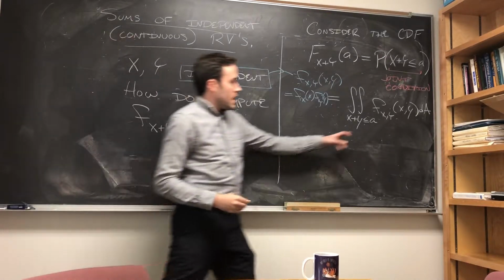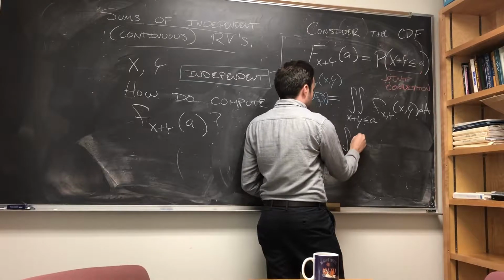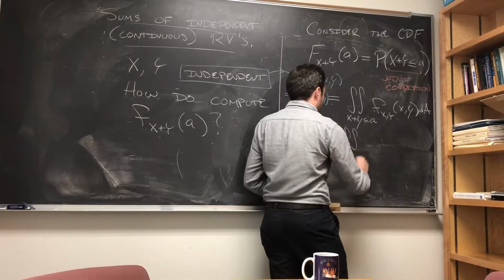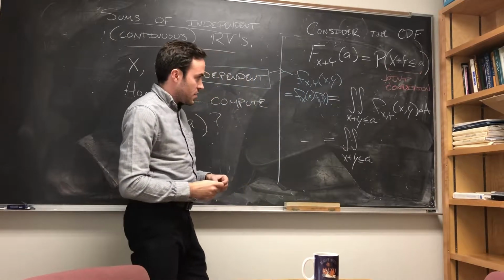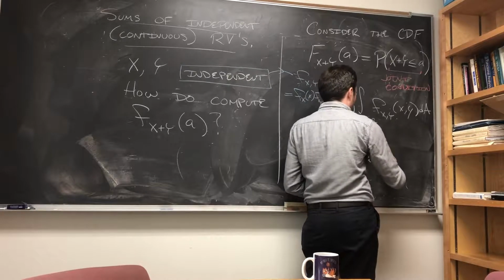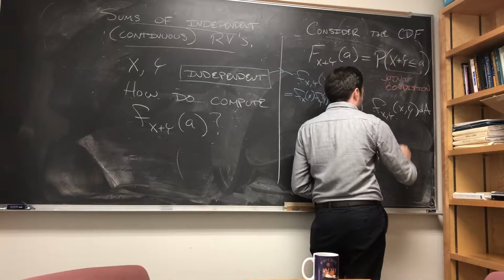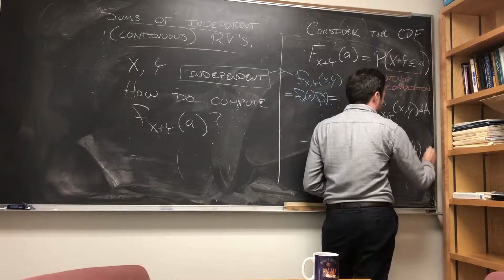All right, so we're going to use that right here in the next line. This is the same thing as saying it's the double integral over the region where x plus y is less than or equal to a, and we're going to use the fact that this factors into f sub x evaluated at x times f sub y evaluated at y.